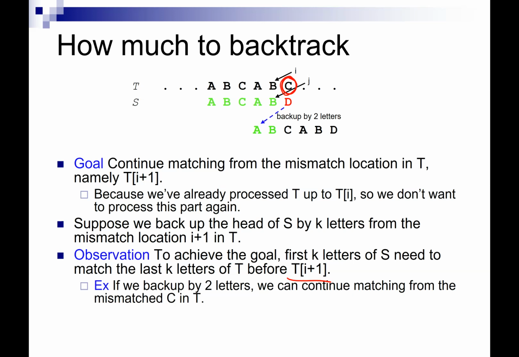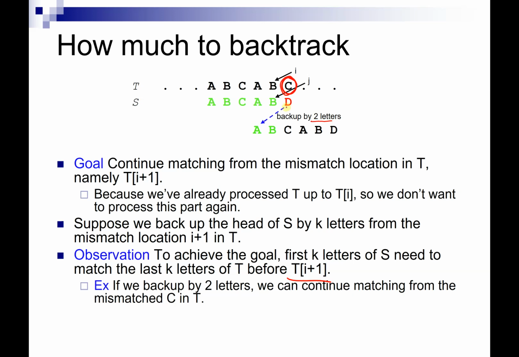We have this match between S and T, this partial match, the green part, and then we have a mismatch on this final letter over here. Now suppose that you back up S by K letters. In this case we have K equals 2.